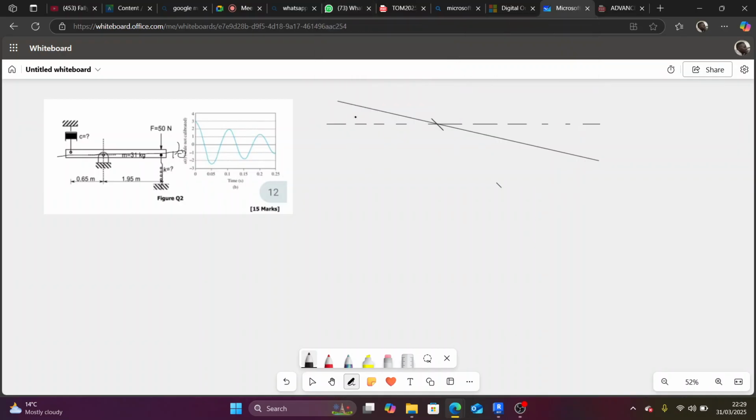Okay, guys, this is the bar after it has been moved. Remember, this is the pivot point here. Now, if we draw the free body diagram, this is the force, right? Yes. Remember, the spring is here to oppose.